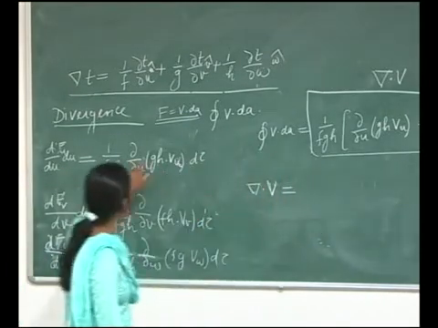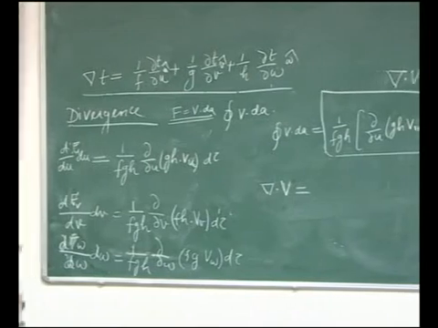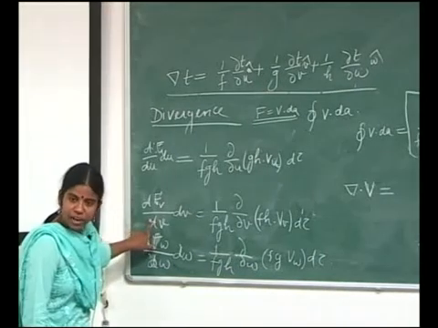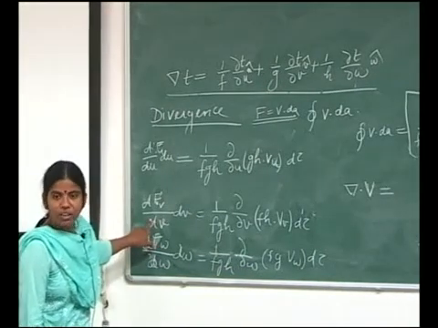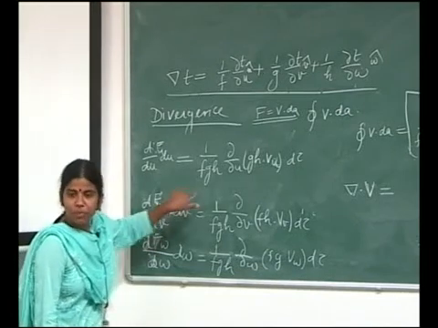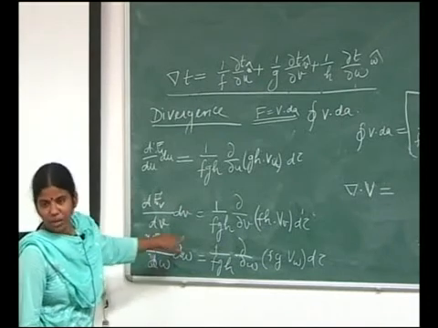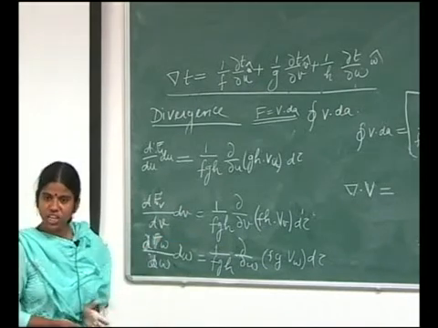This change was only when your coordinate system changed from u to u plus du, and this is the change when your coordinates are changing from v to v plus dv, and this is the change when you are moving from w to w plus dw. So you will have to take the total change.